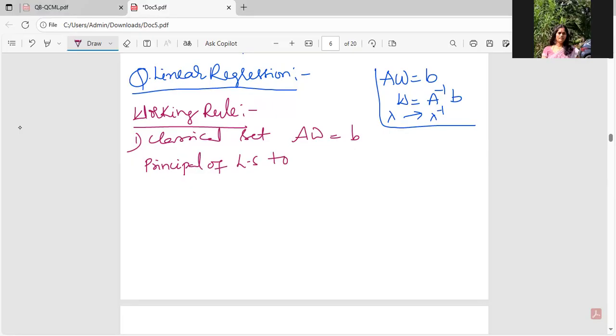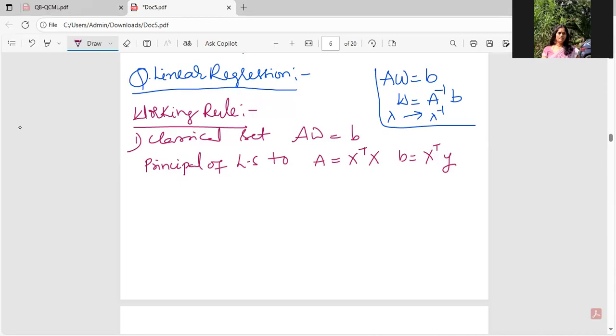From the principle of least squares, I will rewrite A as X transpose X and B as X transpose small y. Regarding this procedure, if you want, I can talk a little later.